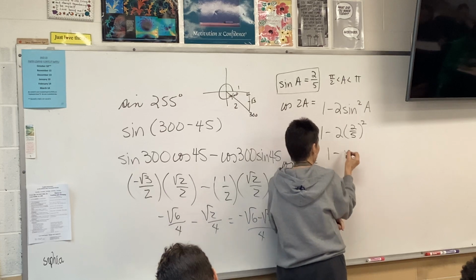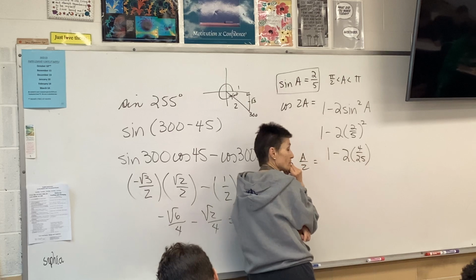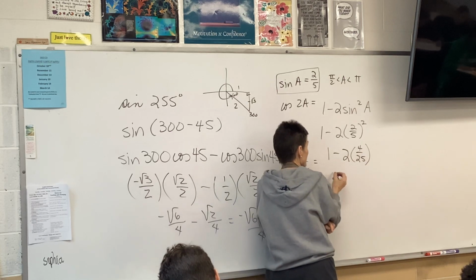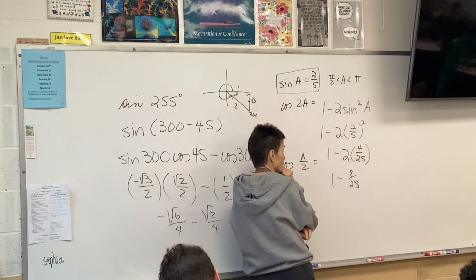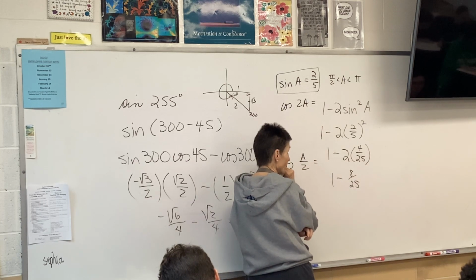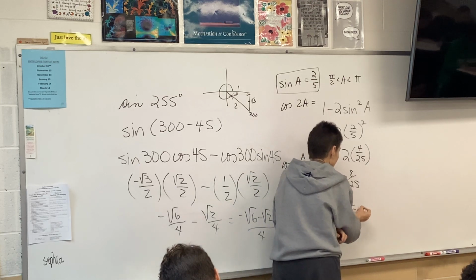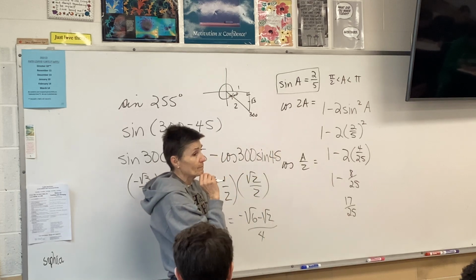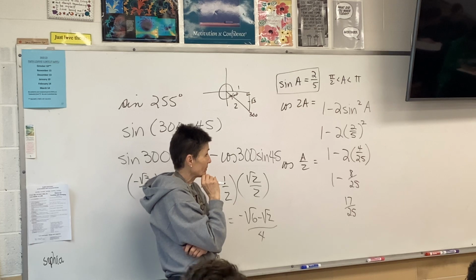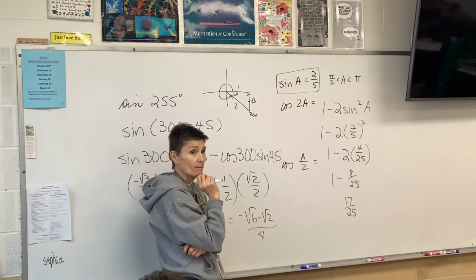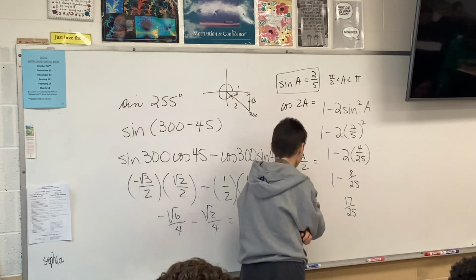So that's 1 minus 2 times 4/25, which is 1 minus 8/25, which is gonna leave me with 17/25 as the answer to the question. Everybody got it? Okay, let's get this next one set up.